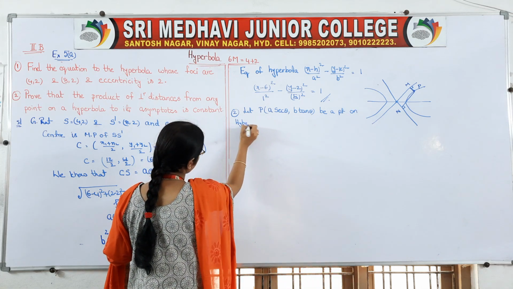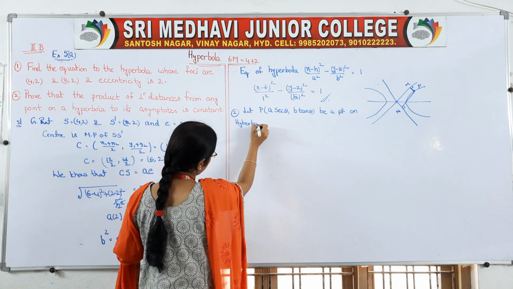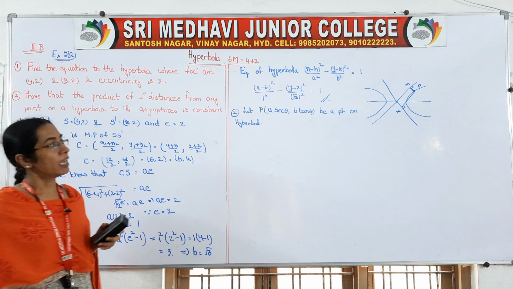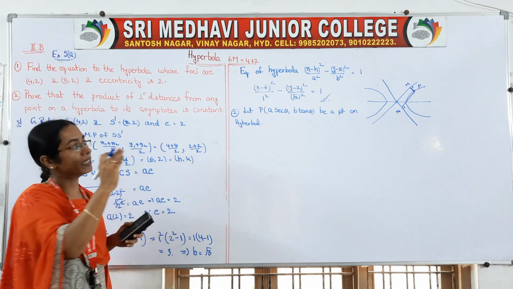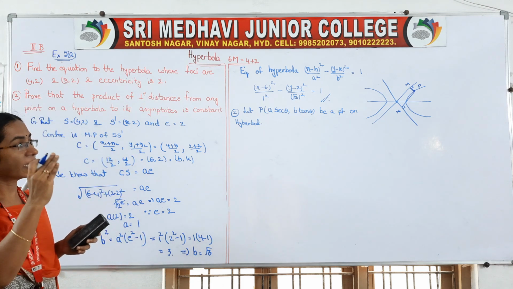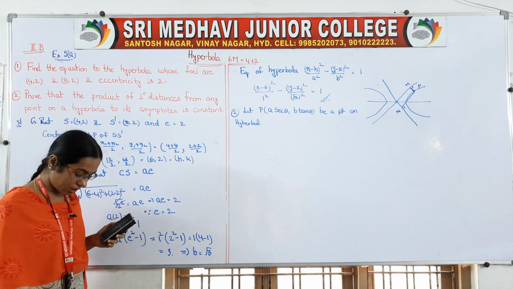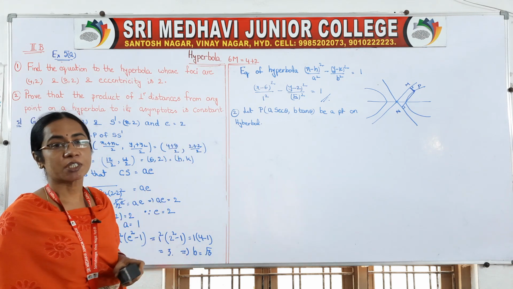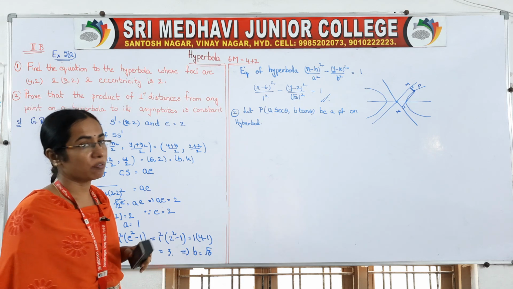Which point have we taken? Parametric point. x is equal to a secant theta, y is equal to b tan theta is the parametric equation of the hyperbola. We have taken the point with respect to the parametric equations.